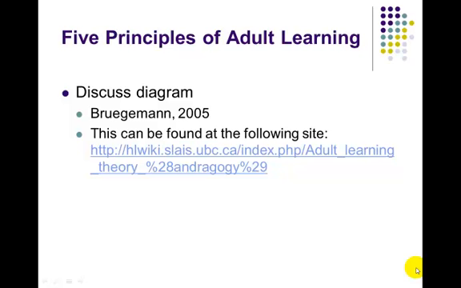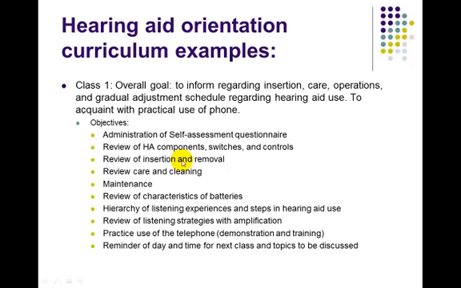Okay, so we want to apply these principles, what I just talked about on the previous slide, and what I'm going to talk about in a diagram, that these are the principles for adult learning. So again, we're focused on adult oral rehab in this setting, not pediatric. You do not have this diagram in front of you, and if you go to this site, it actually will have the list of the things that I'm talking about, not so much a diagram.